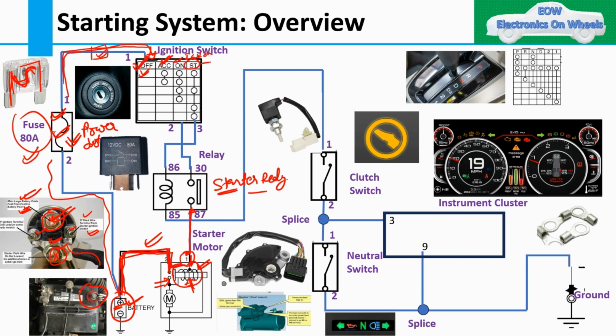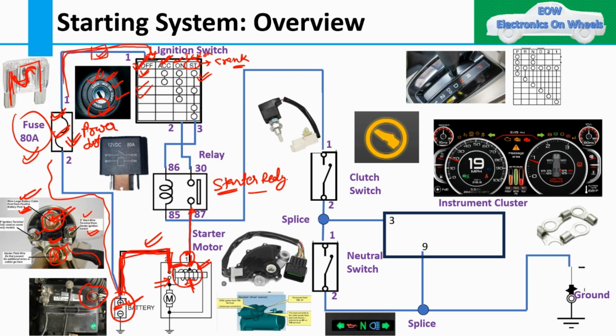And then start is nothing but crank. It will look like this: lock, accessory, on, start, push. This push is not a particular position. You just have to push your key when you are cranking your vehicle. I think you are aware of how this ignition switch works.